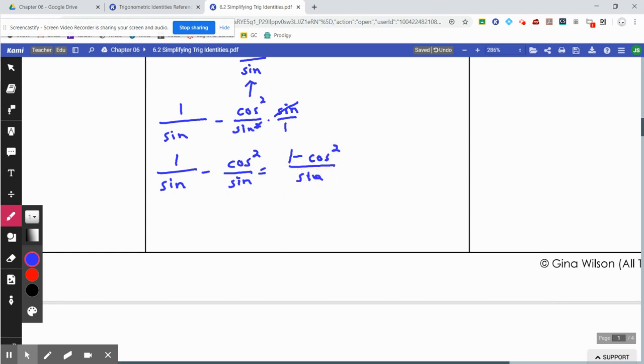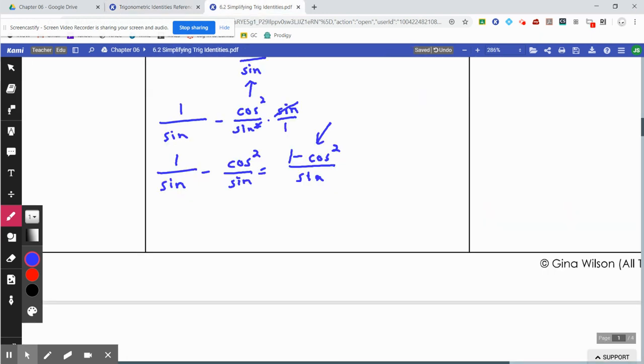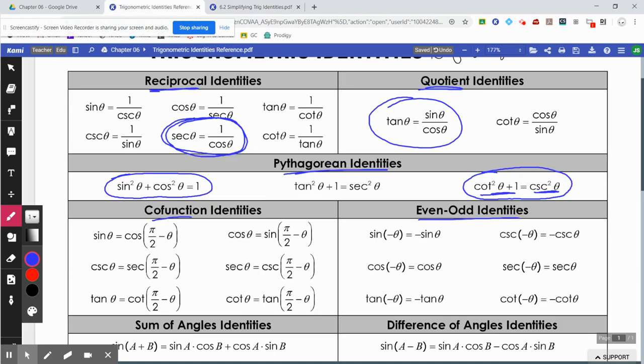Next up, if you notice on top, you have ones and squareds. Anytime you have ones and squareds, you're thinking Pythagorean. And the one that connects cosine squared with 1 and sine squared is this first one. However, mine says I have a 1 minus cosine squared. Well, let's manipulate this. We have the 1 over here, we'll move the cosine squared over there, and we see that sine squared will equal 1 minus cosine squared.